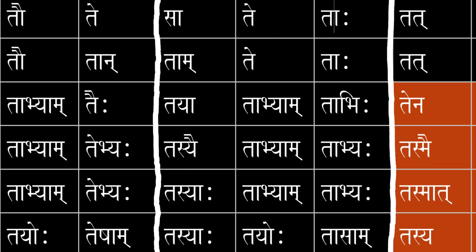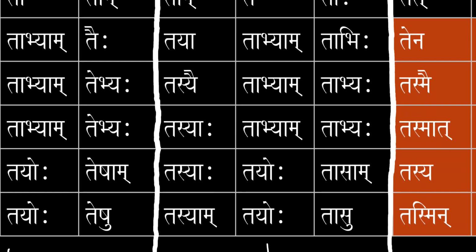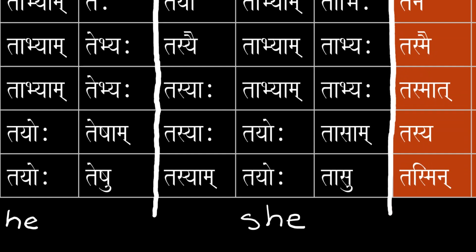Dative will be for or to her, the two of them or all of them. Tasyai, tabhyam, and tabhyah, singular, dual, and plural. Ablative will be from her, from the two of them or from all of them. Tasyah, tabhyam, and tabhyah, singular, dual, and plural respectively.